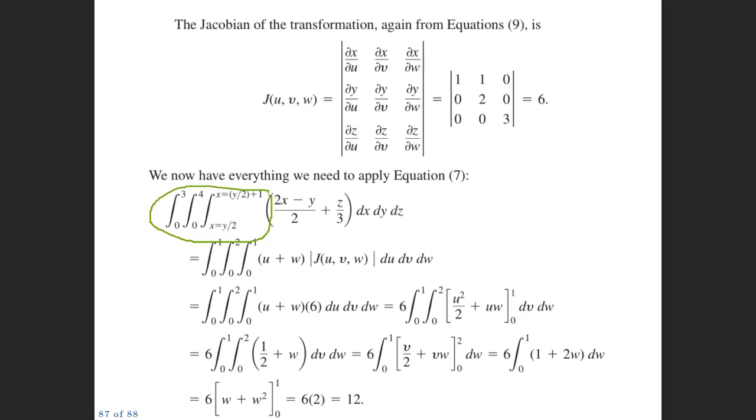We change the limits of integration to the new ones. And we change dx, dy, dz into 6 du, dv, dw. And after that, we do the calculation. You can check that we get 12.